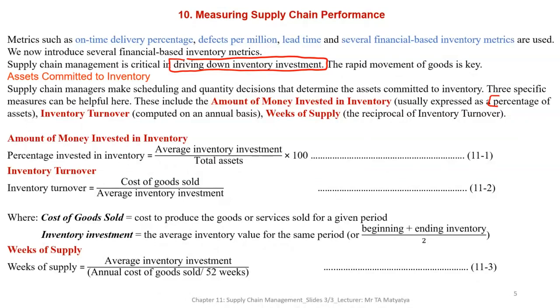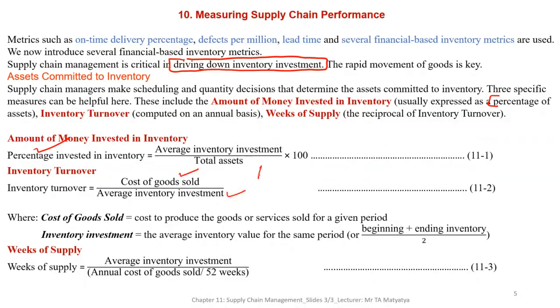That's formula number 1. Formula number 2 is your inventory turnover, which equals cost of goods sold over the average inventory investment.